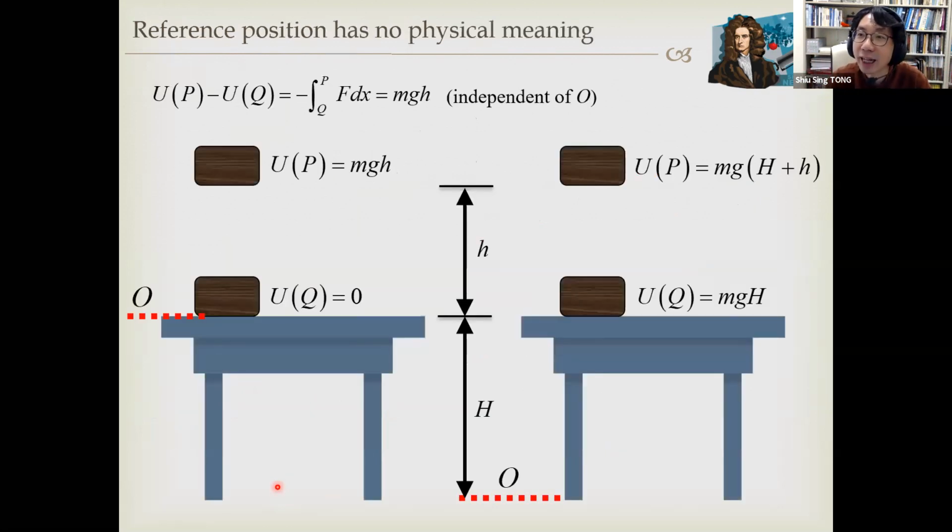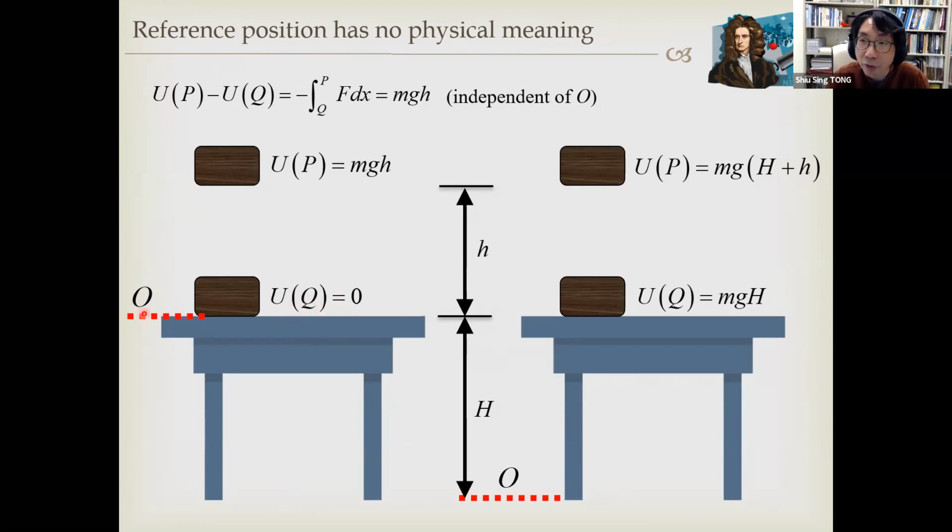Now, how do I understand this? That language is rather technical, right? So we would like to simplify it so that you can understand it based on the high school physics you learned in secondary school. For example, if I place an object on a table, and I define this position, Q, to have 0 potential energy, then UQ is equal to 0.